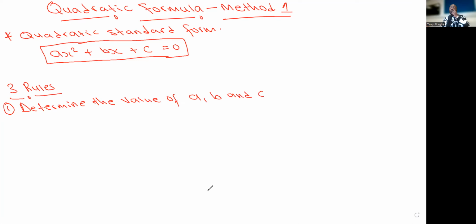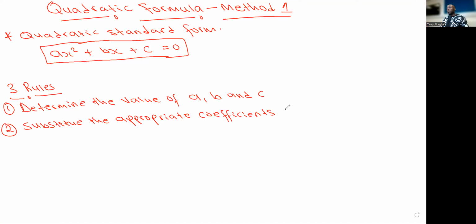So that means you need to look at the equation that you want to solve and see what is the value of A, B, and C, okay? Now, when you've done that, then you now substitute the appropriate coefficients, so those values of A, B, and C, into the formula.